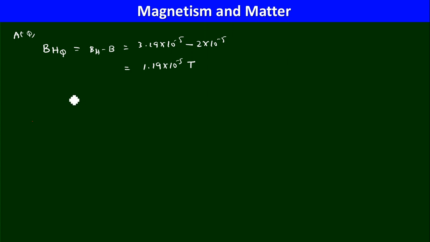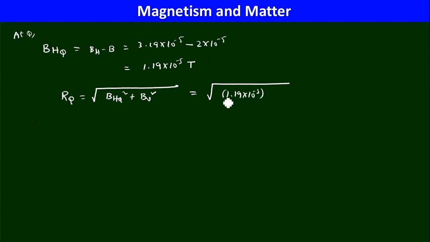Now the resultant magnetic field at Q will be BHQ whole square plus BV whole square, and the other term will be 0 anyway, like 2 BHQ BV cos 90, so that's why it will be 0. Next, BHQ whole square is 1.19 into 10 power minus 5 whole square plus BV whole square. What is BV whole square?